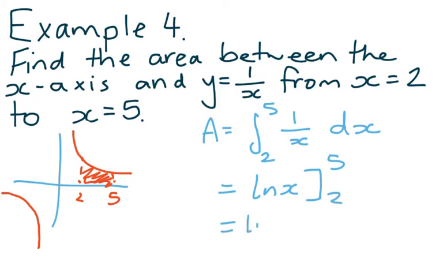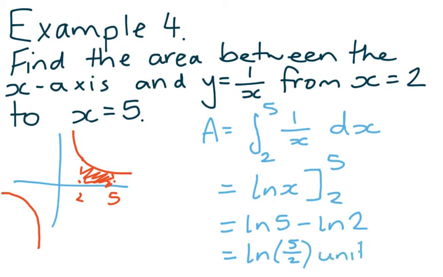So we would have the natural log of 5 take away the natural log of 2, and of course using log laws here, if we have a subtraction of two logs in the same base, we can write that as the natural log of 5 on 2 units squared.